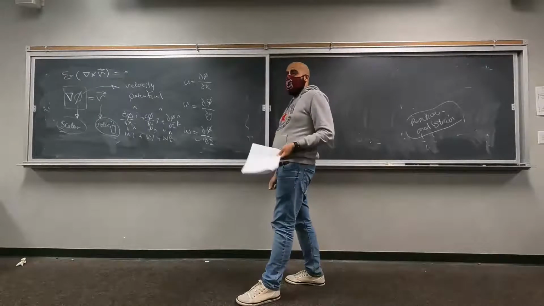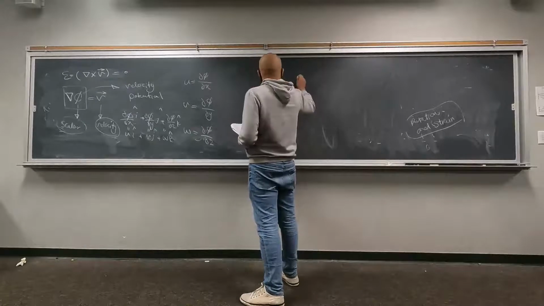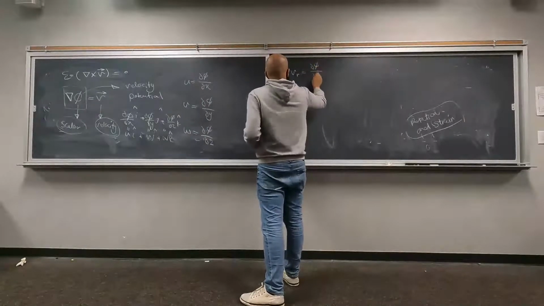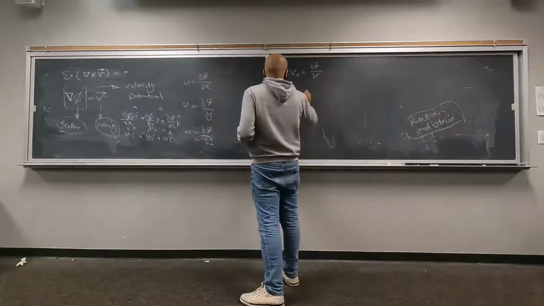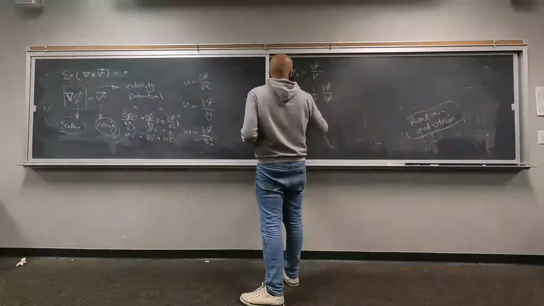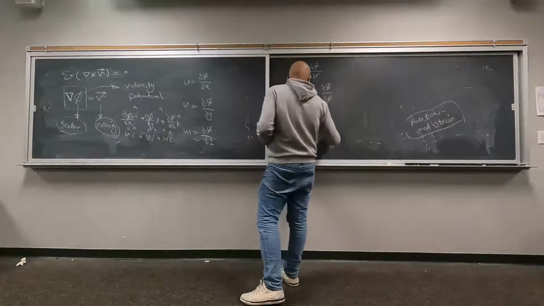But what if you are dealing with the cylindrical coordinate system? For v r, you just have to take the derivative with respect to r. For v theta, it's going to be 1 over r partial phi partial theta. And for v z, it's going to be partial phi partial z.